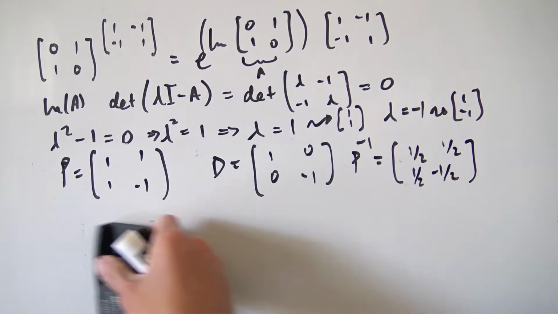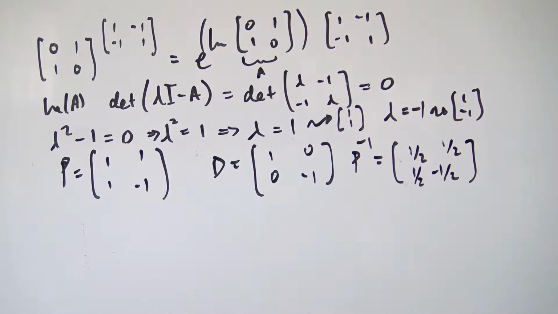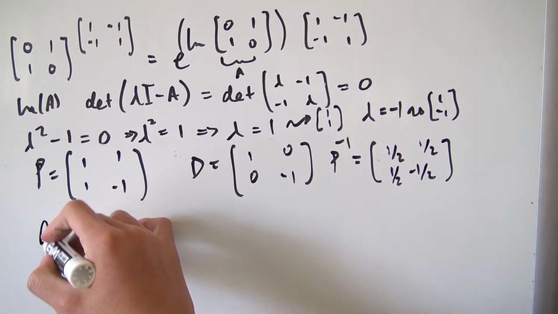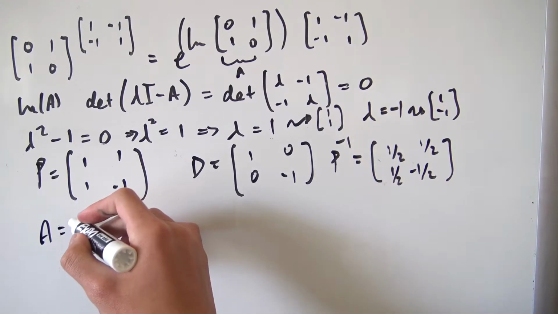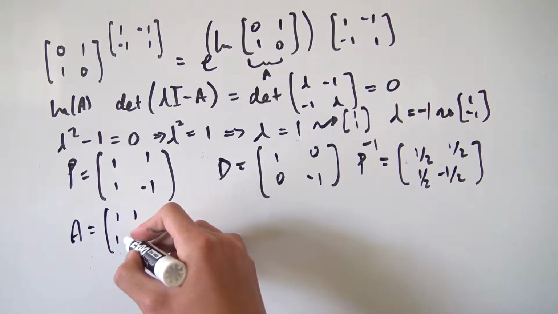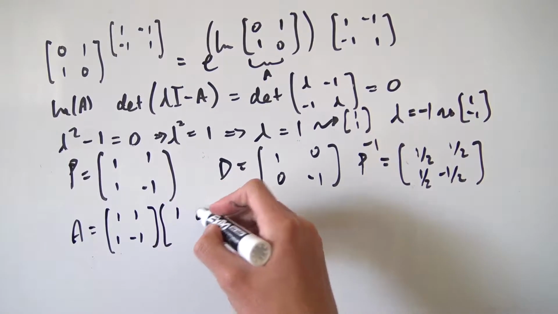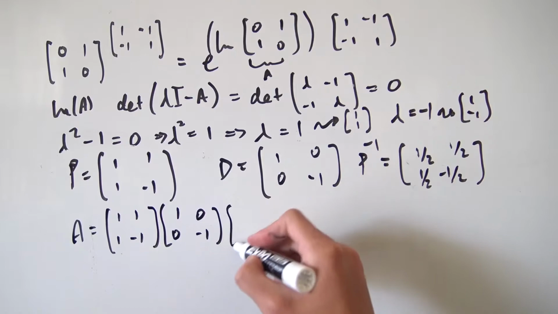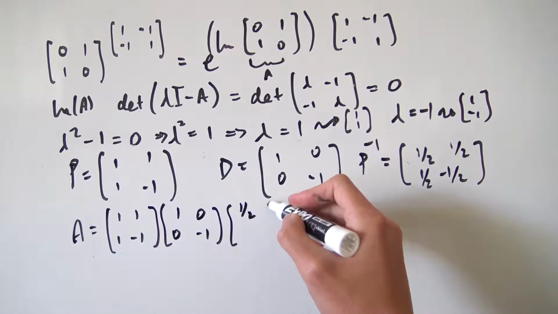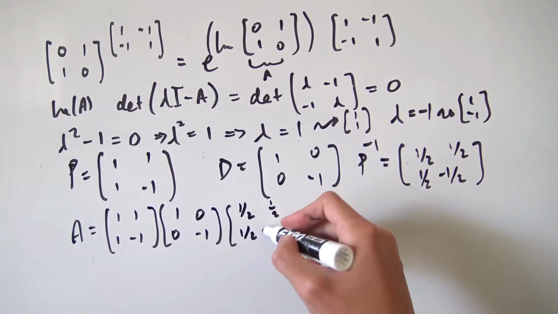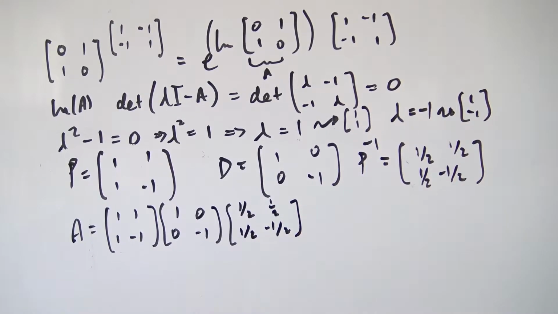So we have P, D, and P inverse. That means the matrix A we're looking for is [1, 1; 1, negative 1] times [1, 0; 0, negative 1] times [1/2, 1/2; 1/2, negative 1/2].